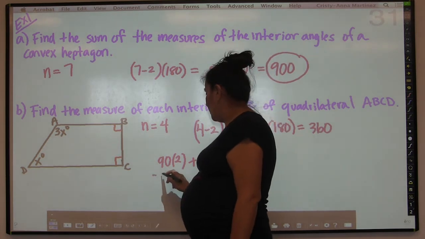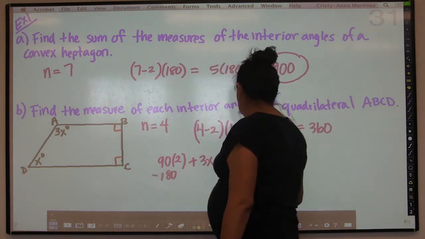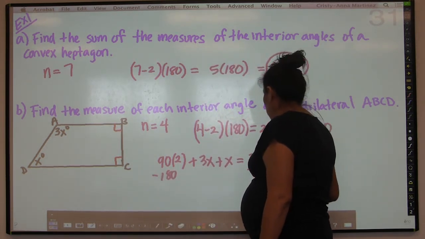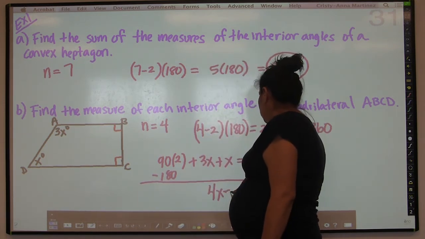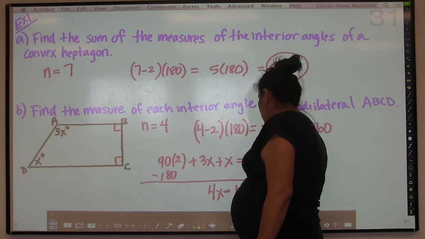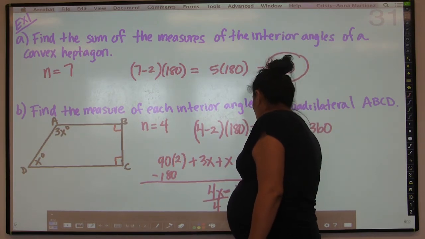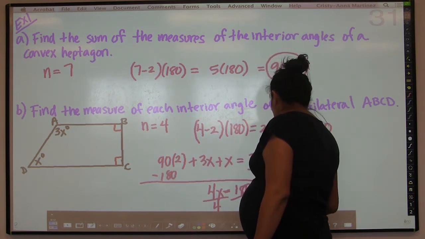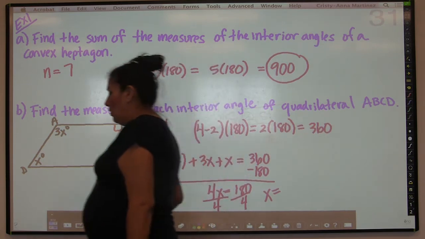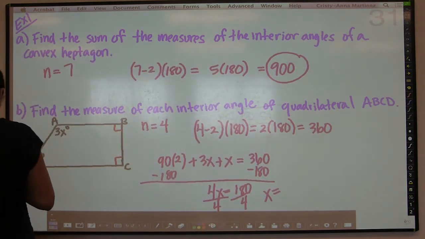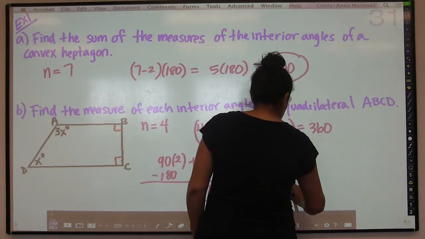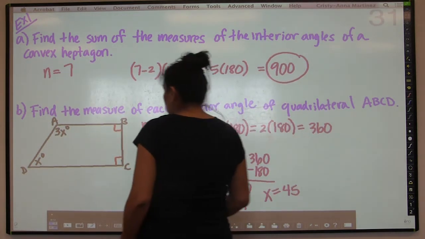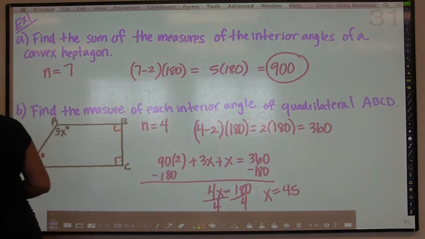If I subtract 180, which is what 90 times 2 is, and combine my like terms, 4x equals 180. When I divide by 4, 180 divided by 4 is 45.